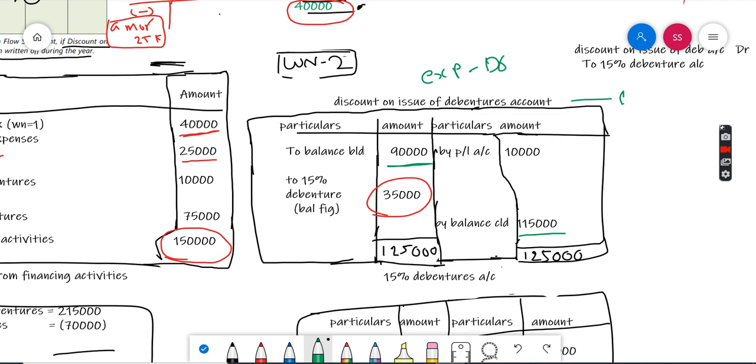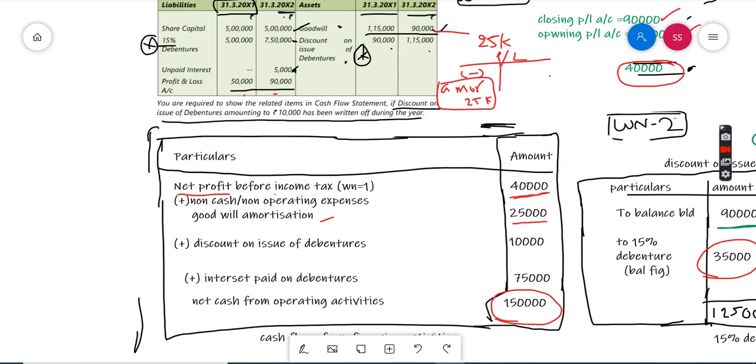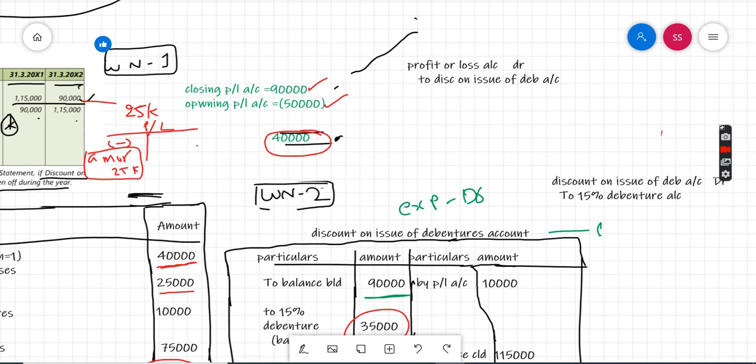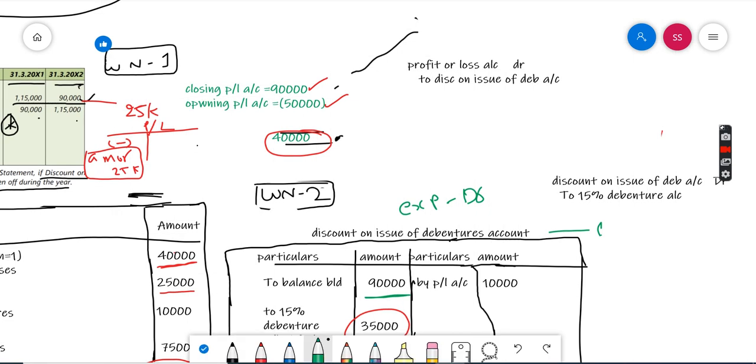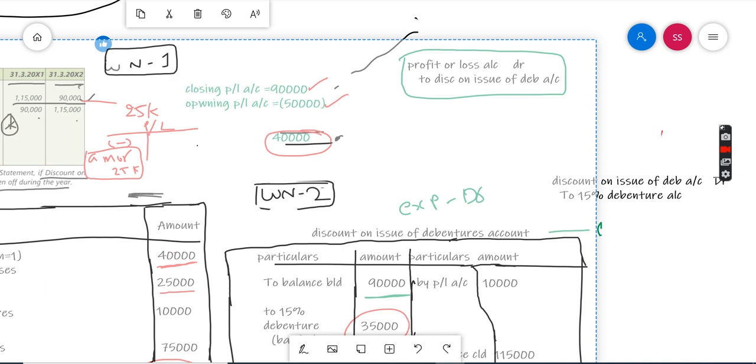In the adjustments they mentioned that discount on issue of debentures amounting to 10,000 has been written off during the year. So what is the general entry for writing off?